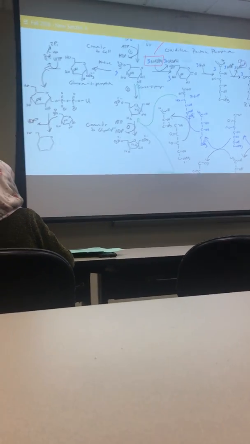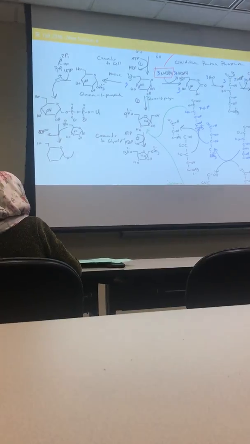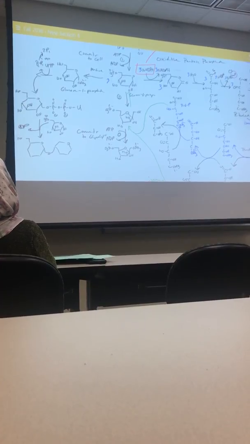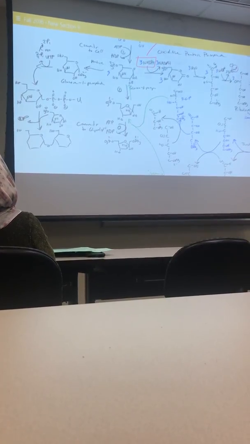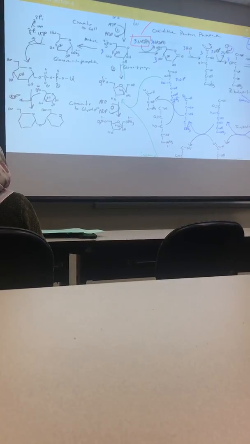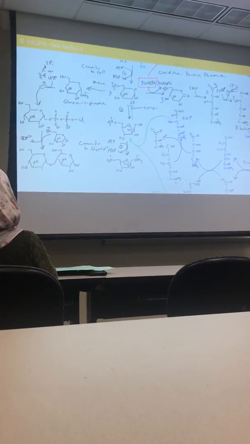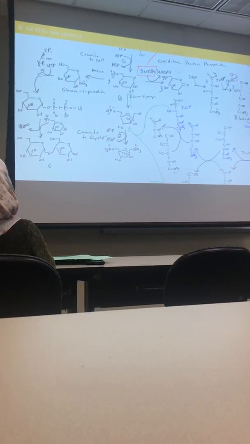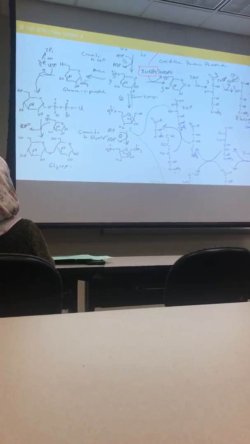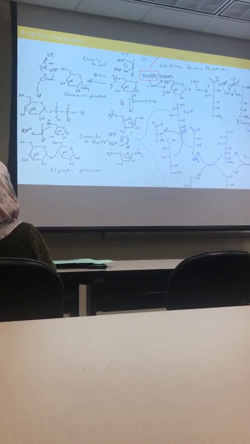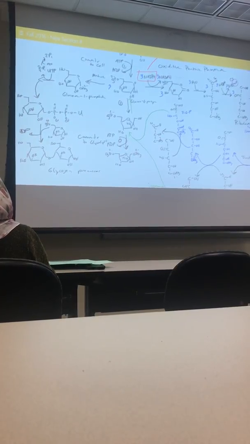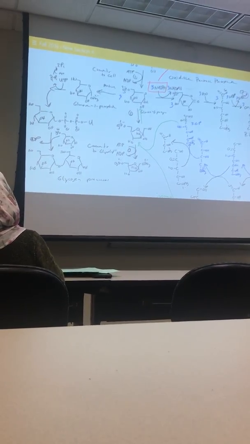UDP. And then we make now our alpha 1,4 linkage. Like that. You're on the path to making glycogen precursor. So we can go down there and we can start to now build glycogen.